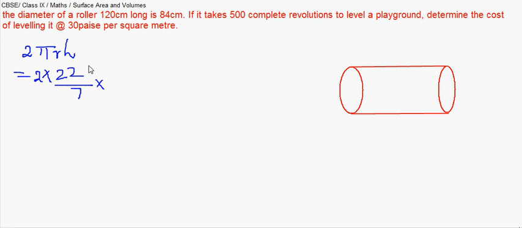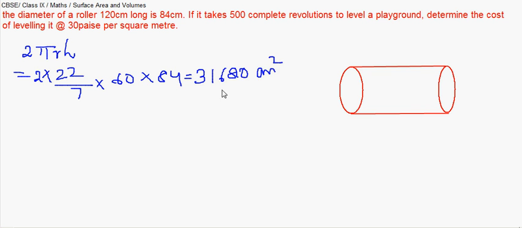So it is 2 into 22 by 7 into the diameter, it says the diameter of the roller is 84, so the radius is 42. Oh, sorry, the height is 120. Let me just make this calculation. It's giving me 31680 centimeters square.